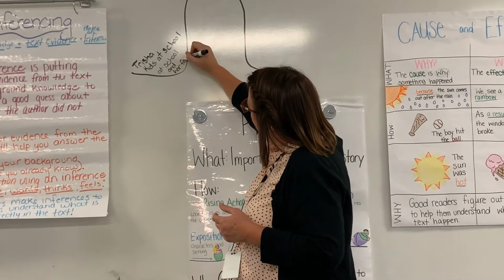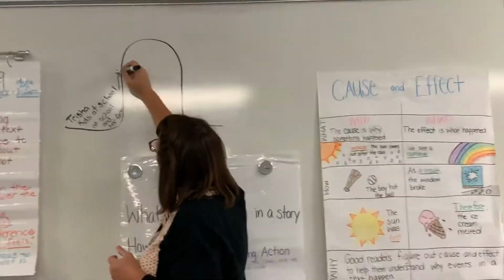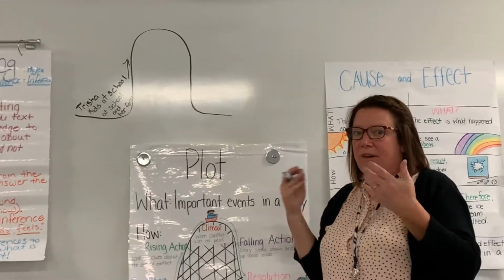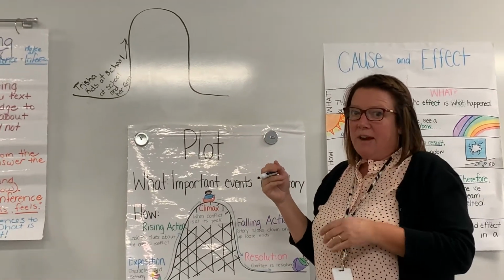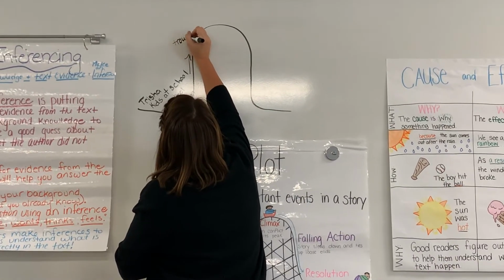We're not making a pretty map, are we? Then the rising action, the problem, the thing that began to cause her to have to figure things out for herself. She wanted to learn how to read and she couldn't. So I'm going to write trouble reading.